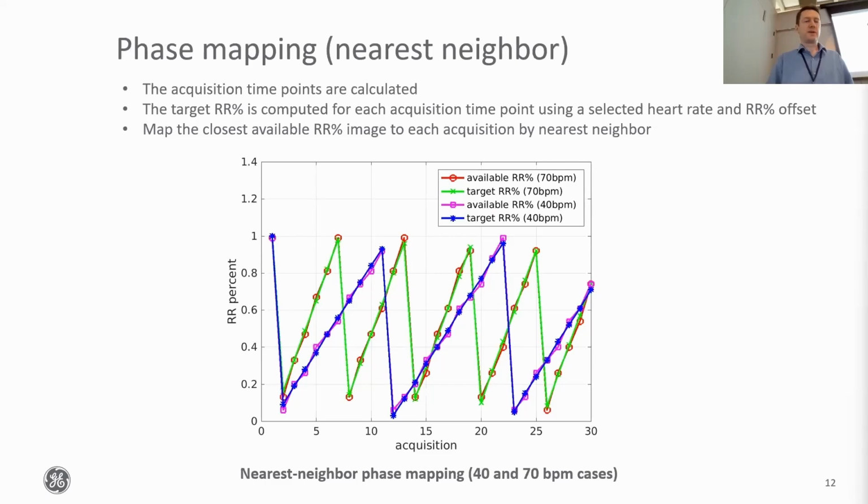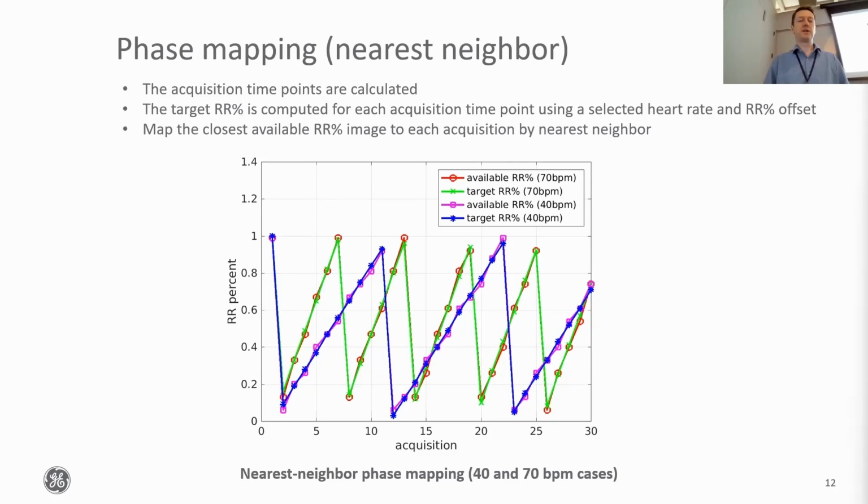This shows the phase mapping. I mentioned that we reconstructed our initial images every 70 milliseconds. What that means is that as we do our forward projections, we may not have a phase that exactly matches the one that we're trying to simulate. Right now we're just using a simple nearest neighbor interpolation. We just take the closest phase that we do have and forward project that one. If you have a particular heart rate, there might be a series of phases that you want to forward project, as shown here by this sawtooth pattern.